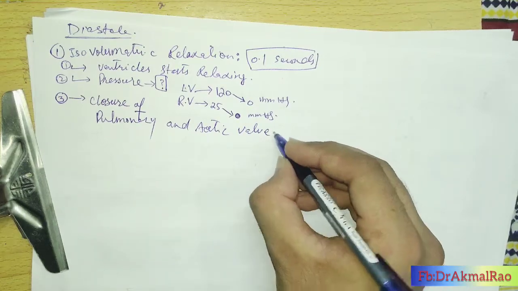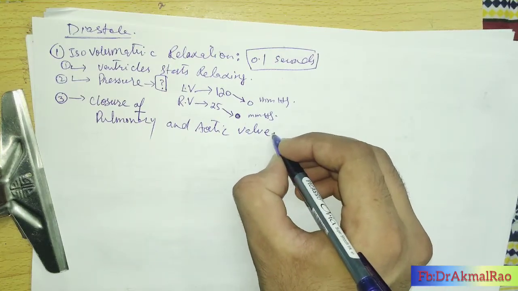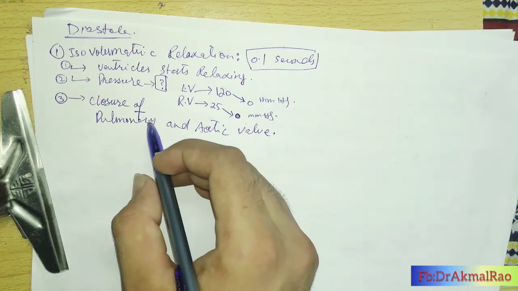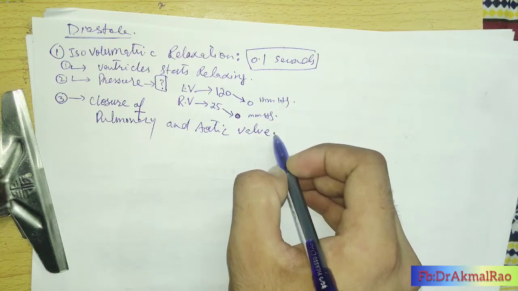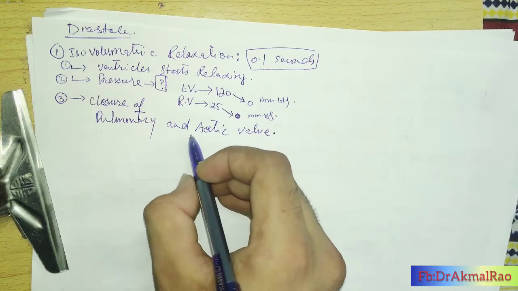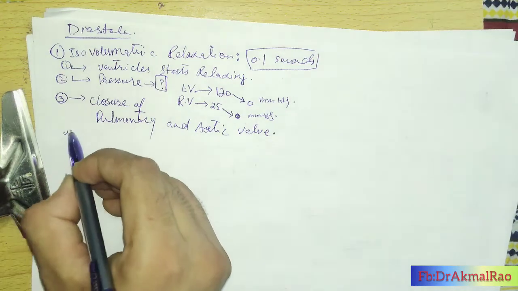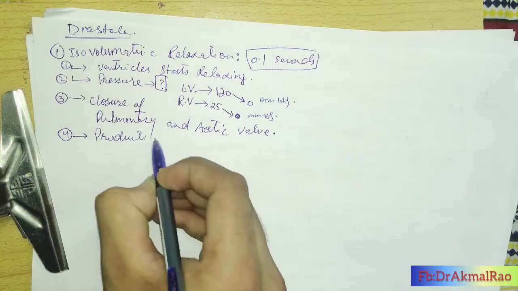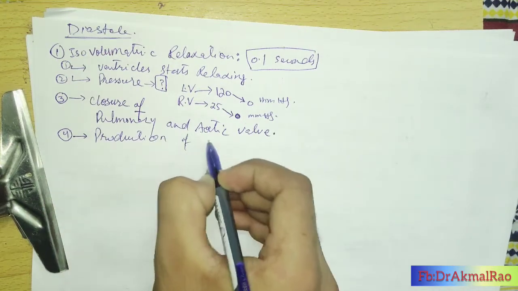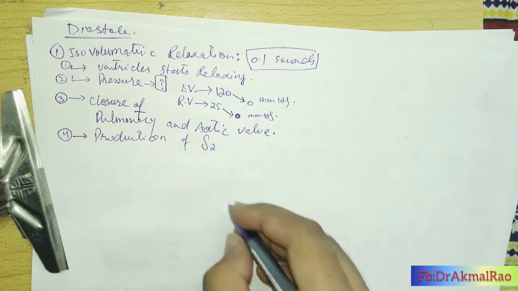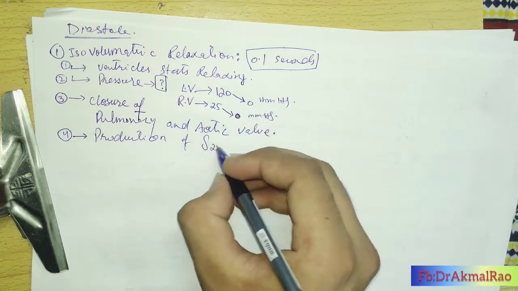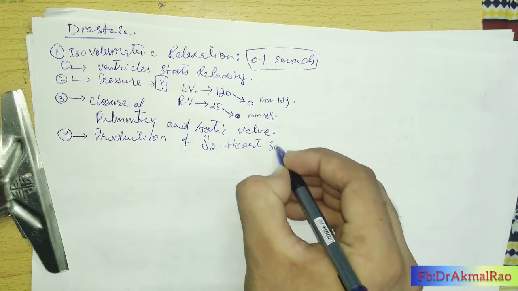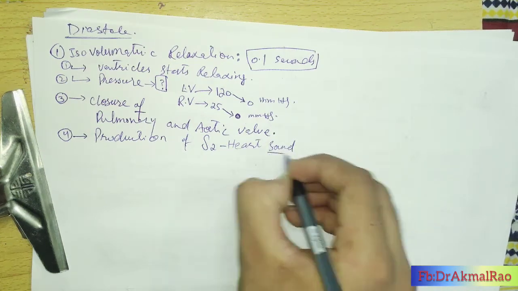Now if you remember, I said the heart sound is produced when the valve closes. So the fourth point is production of the S2 heart sound. It happens in this phase.